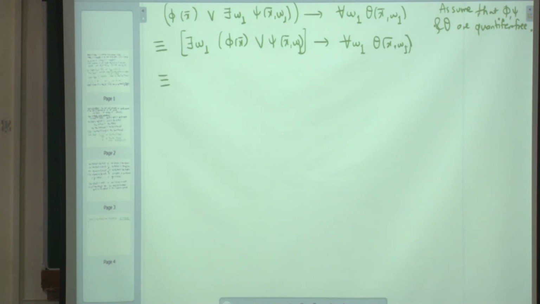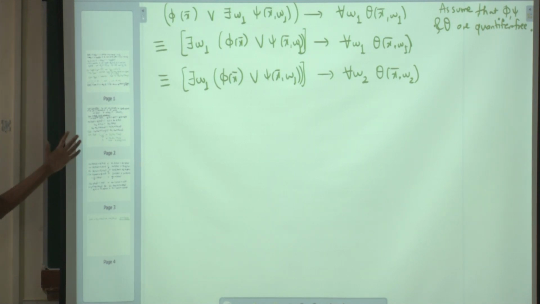So first you have to make sure that this is there exists W1, phi x bar disjunction psi x bar W1, this whole thing, I mean over here also there should be a bracket, then the whole thing, and then implies for all W2 theta of x bar W2. I can change it because the scope of the two W1s was different in the previous formula. Now once I have done this, then I can take out this there exists W1.